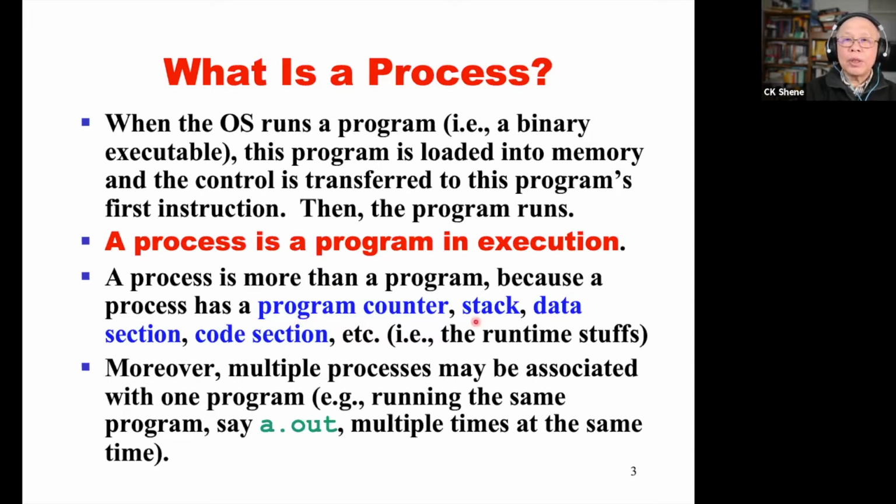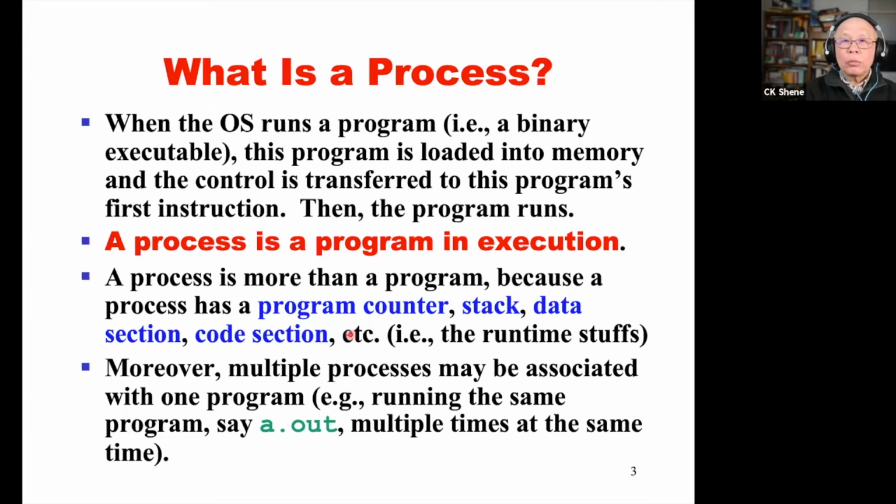Why we need a stack will be discussed fully later. A data section and a code section. These are all referred to as the runtime stuff. Don't worry about these items because we'll discuss them very extensively.